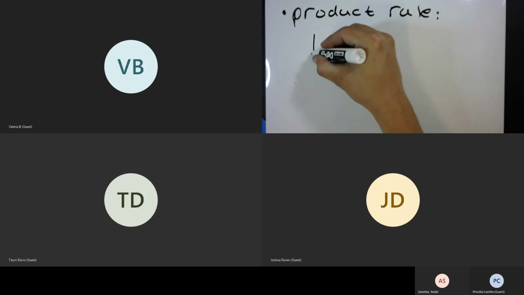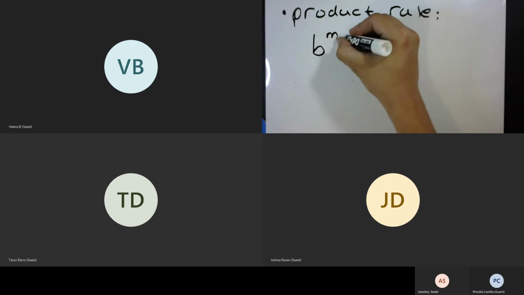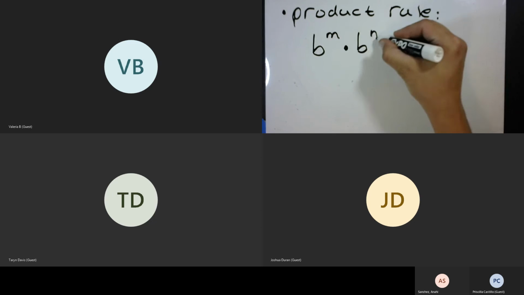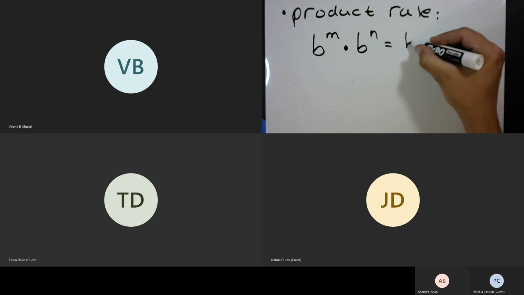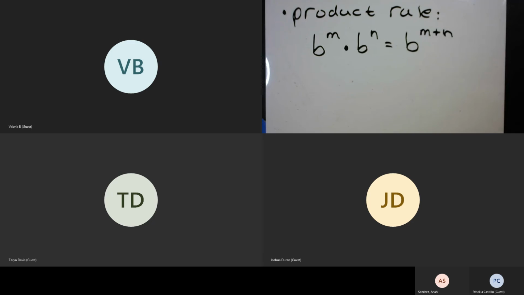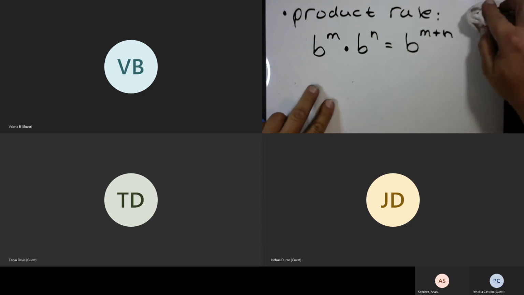If you have b to the m times b to the n, this will be b to the m plus n. We just have to add them up. So I'll do another example.